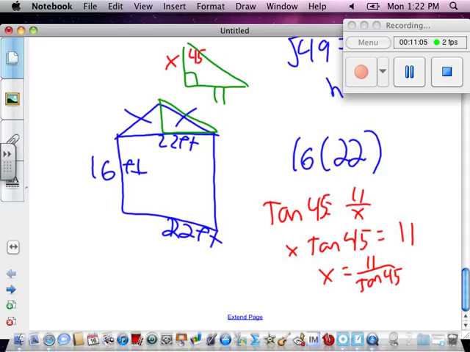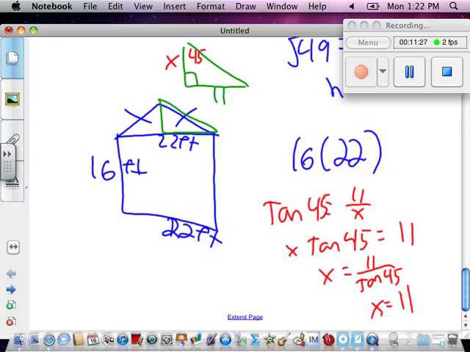What's the tan of 45, guys? I get 1. The tan of 45 is 1. So you're just going to get x equals 11, which solves our whole height issue.